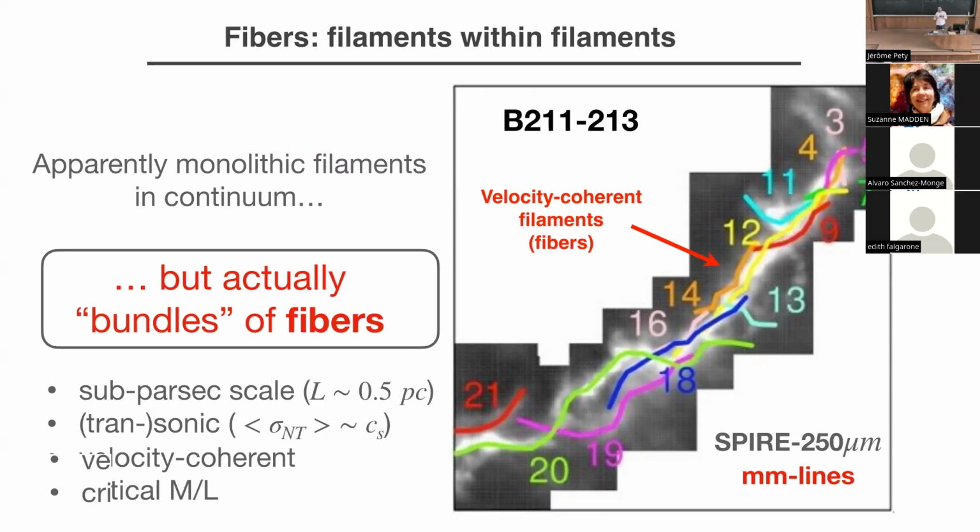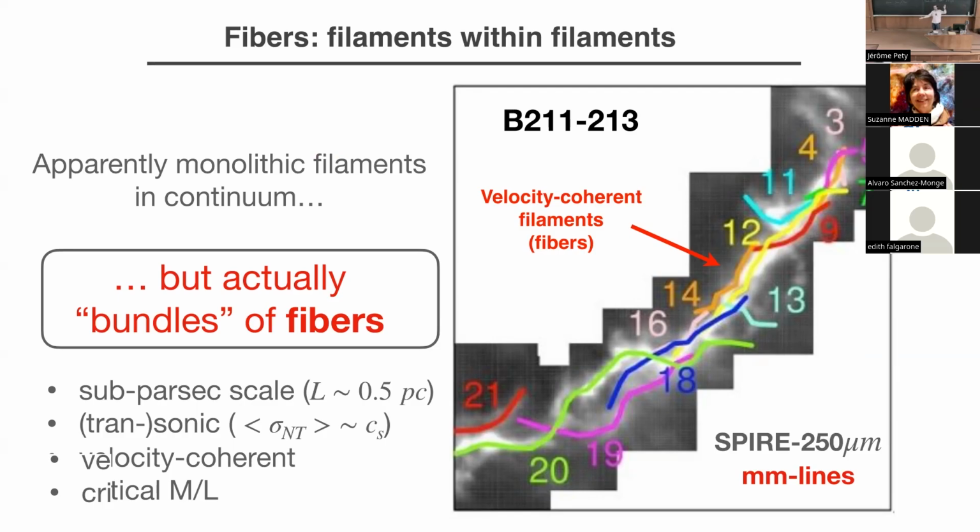And more than one means that what looks like a monolithic object in continuum is actually what we call a bundle of fibers, things that are intertwined, forming something like a rope when you analyze it in this position velocity space. What is interesting is that the line widths that you saw are very narrow, just a few channels wide, and when you analyze the kinematics and you recover them in these fibers, each of these structures is typically subsonic. So we were saying that the clouds are supersonic.